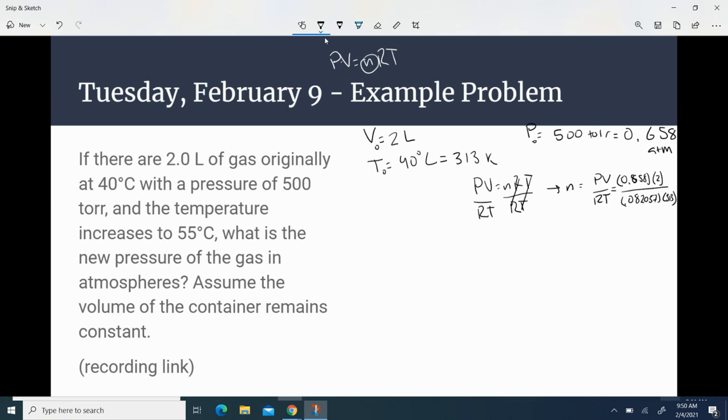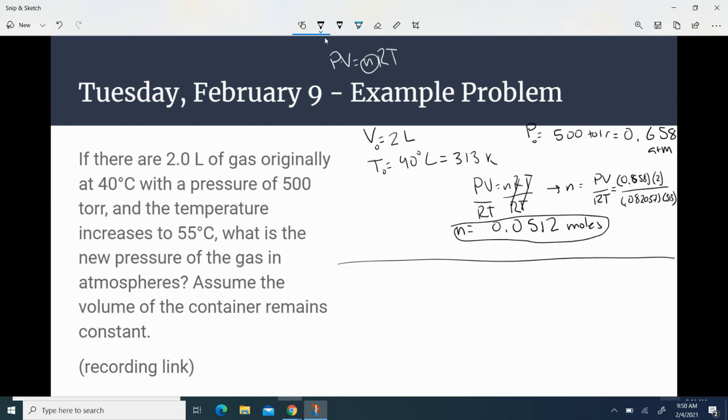And that's going to give me an n of 0.0512 moles. So that's how many moles of gas I have. Whatever gas this is, it doesn't really matter, because it's going to stay the same for both our scenarios.